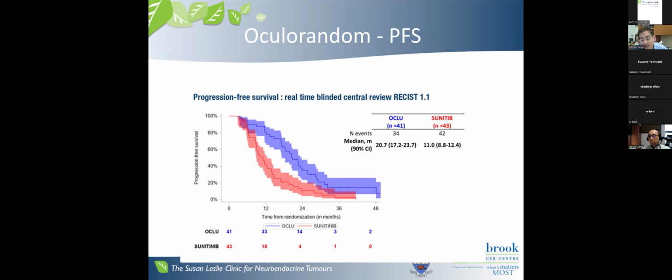And I think what this really does is just help solidify our understanding of the NETTER-1 trial, which is that it looks like in all gastroenteropancreatic or neuroendocrine tumors of GI origin, PRRT in those patients who have their SSTR receptors, which is the vast majority of patients, is a very effective option.